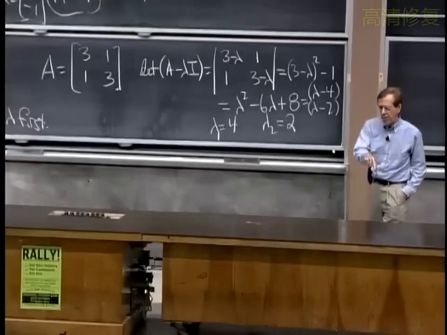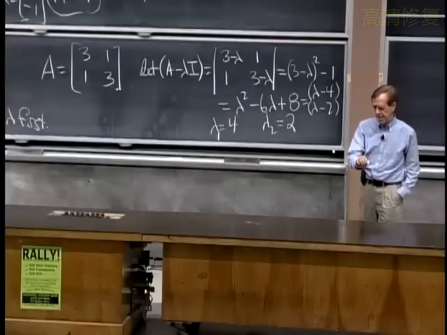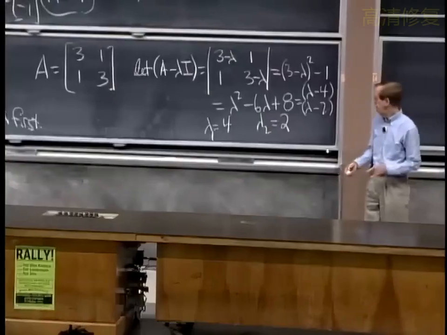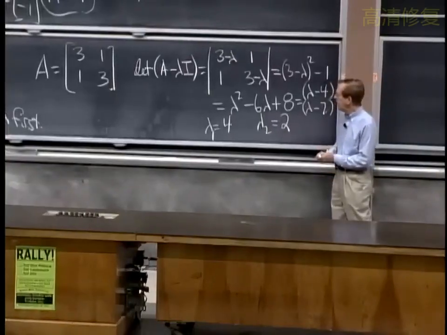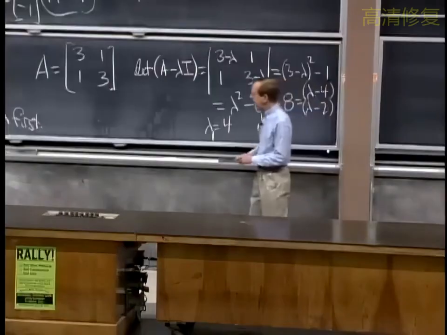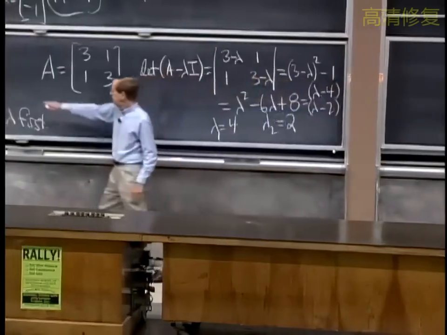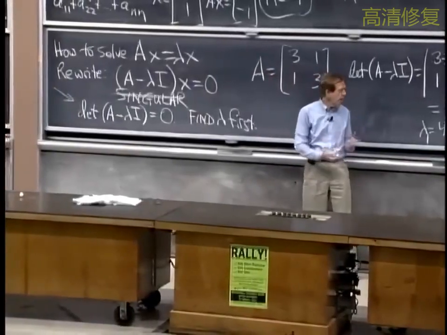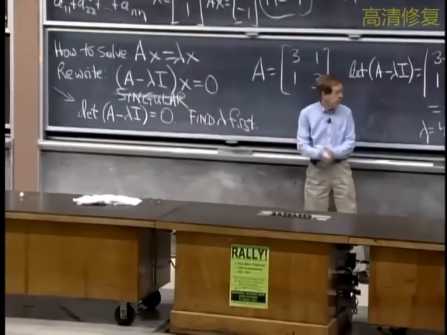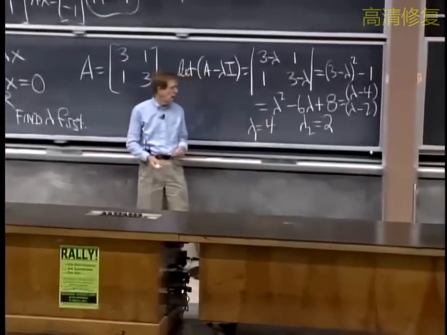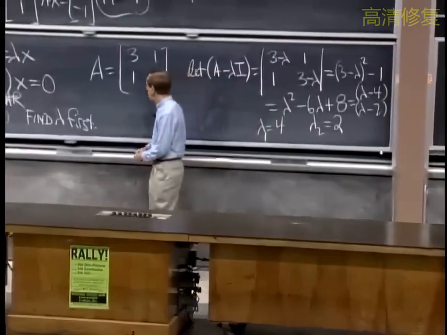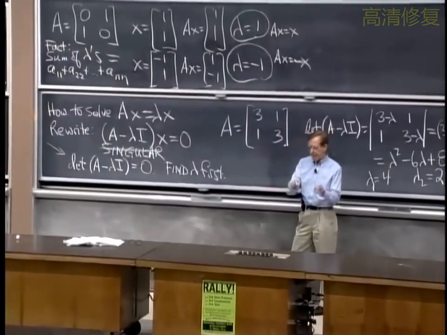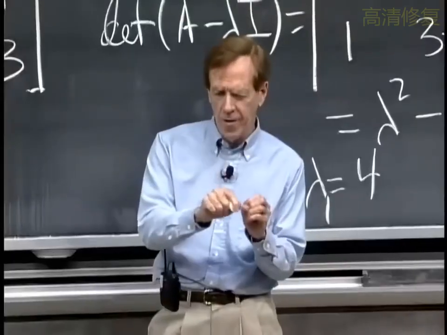And then I can go for the eigenvectors. You see, I got the eigenvalues first, 4 and 2. Now for the eigenvectors. They're the vectors in the null space when I make the matrix singular by taking 4I or 2I away. So we have to do those separately. Let me find the eigenvector for 4 first.